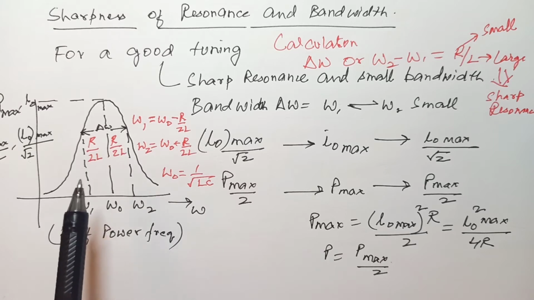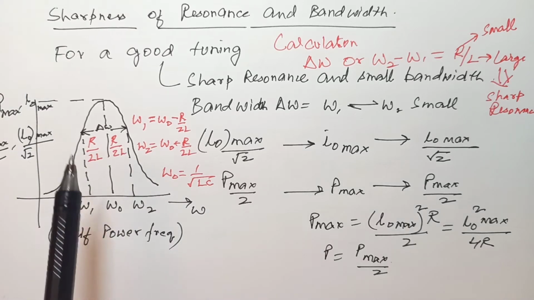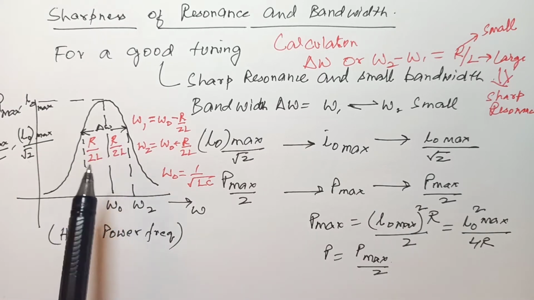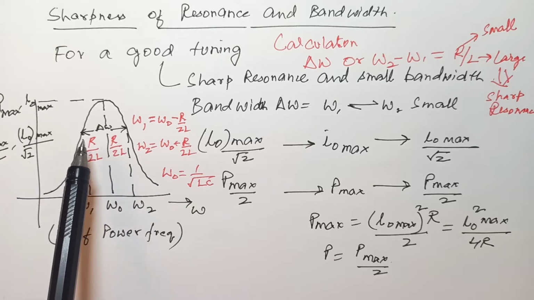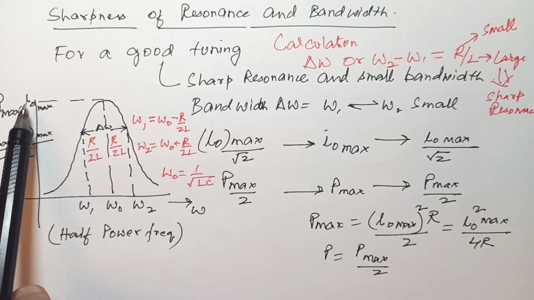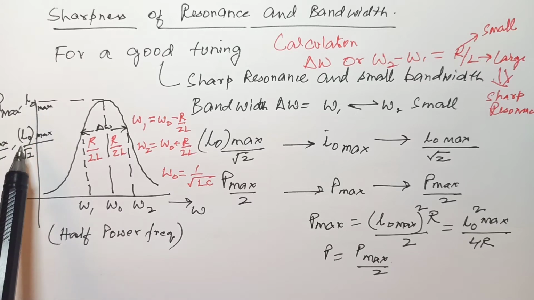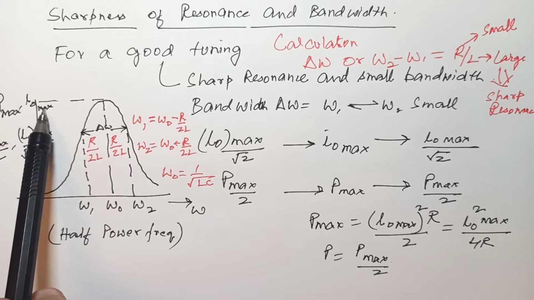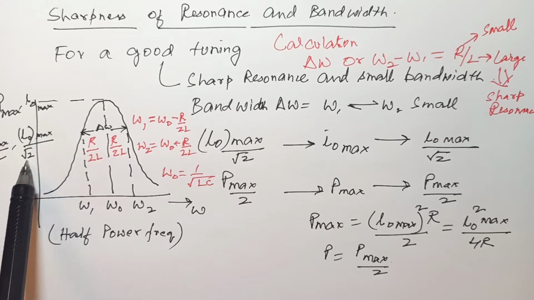Now you will hear any channel very clearly when the current falls from I naught max to I naught max by root 2.